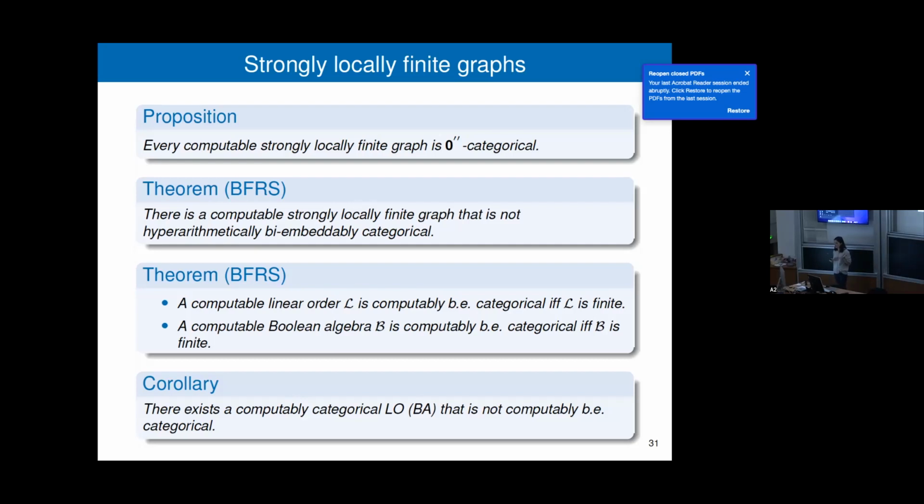But for bi-embeddability, we have an example of such a graph that is not even hyperarithmetically BE categorical. For linear orders and Boolean algebras, we know that they are computably BE categorical if and only if they are finite. In particular, there are computably categorical linear orders and Boolean algebras that are not computably BE categorical.